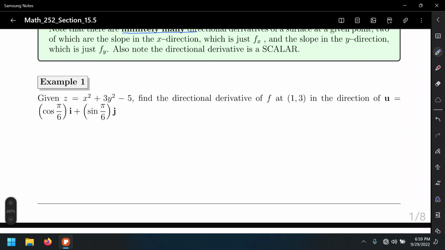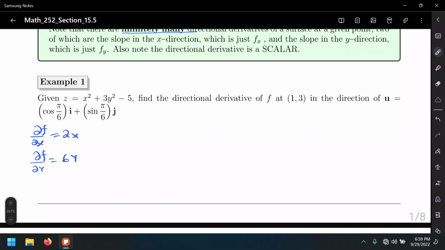So number one, we need to find the partial derivatives. Partial f with respect to x: the derivative with respect to x is 2x. What about the partial with respect to y? 6y.